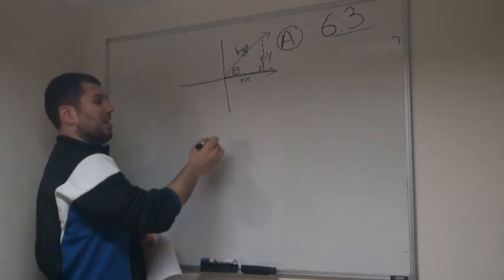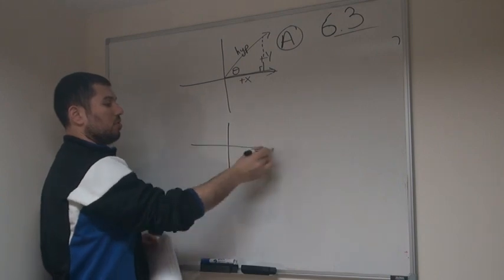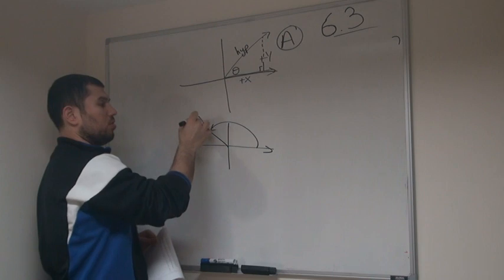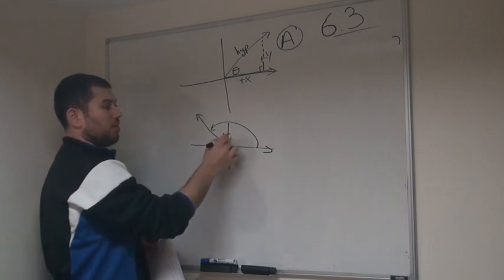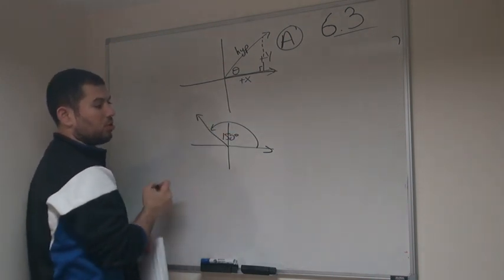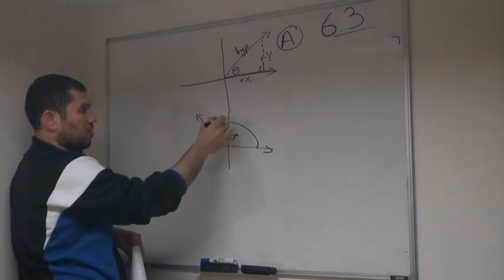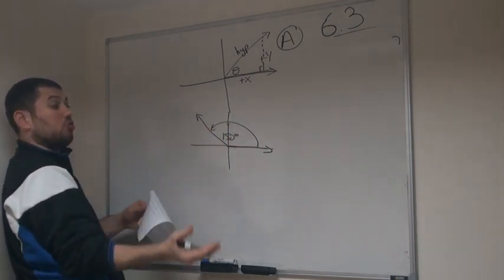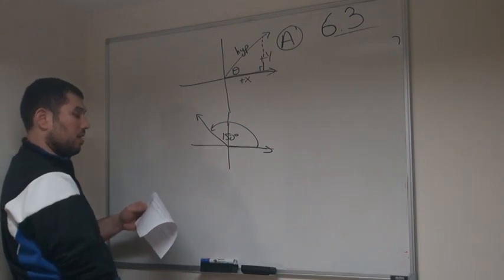Now what if an angle ended in quadrant 2? Right? We start here, we draw an angle that ends in quadrant 2. Let's say a 150 degree angle. Well, this 150 degree angle that ends in quadrant 2, technically, I can't draw a right triangle for it, right?